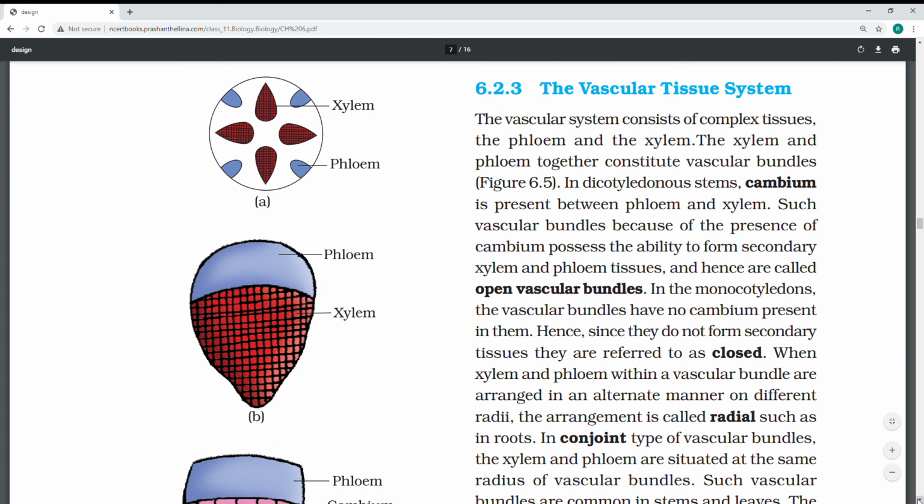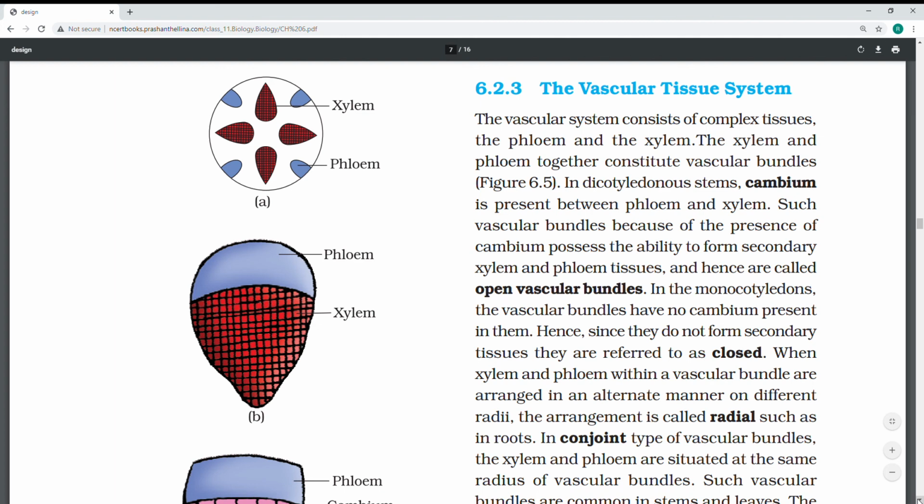See the next part, which is the third, the vascular system. If they ask for the types of vascular tissues, you have to write these three types for 5 marks. The vascular tissue system is arranged like a flower structure, with xylem and phloem. The brown structures are xylem and the side structures are phloem. Xylem and phloem together are called vascular bundles, because these are vascular tissues, also conducting tissues.